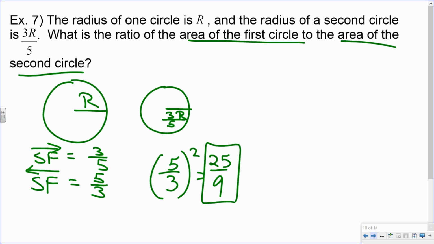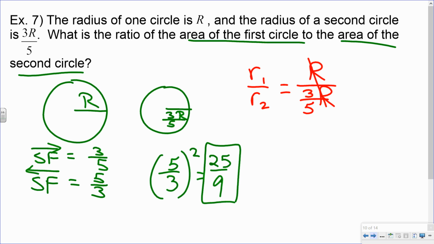This one was easy to see what the scale factor is. Sometimes it's not so easy. So sometimes another way to think about it is to say I'm going to take the ratio of something measured with regular linear units, not square units or anything. Here it's radii. If I want first to second, I'm going to take first radius to second radius, which is r over 3/5 times r.